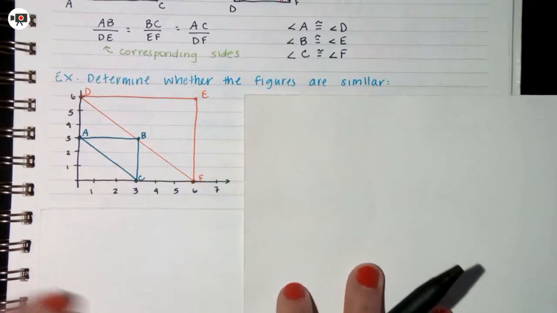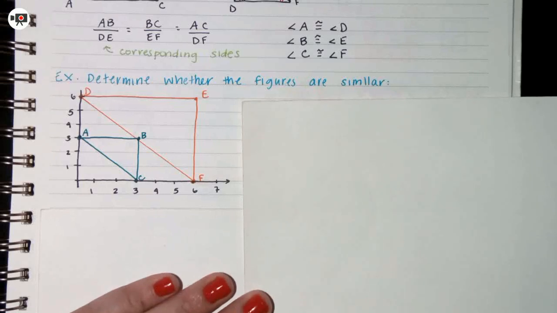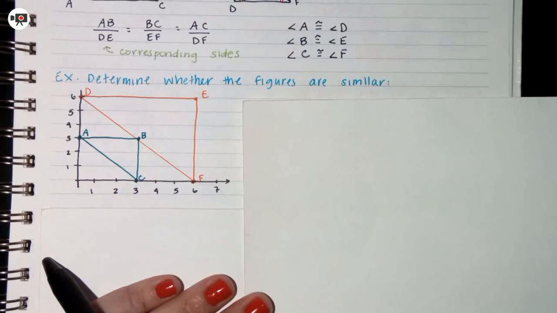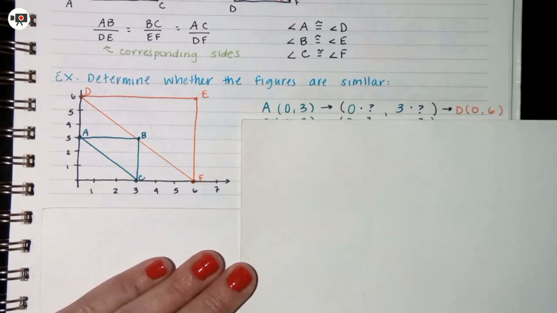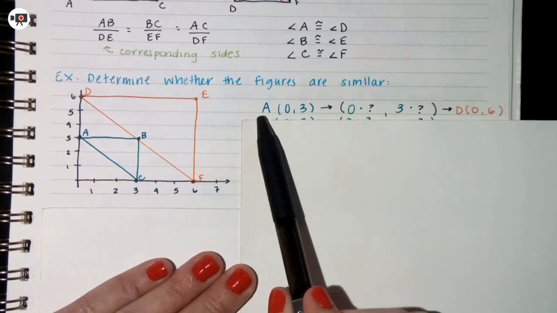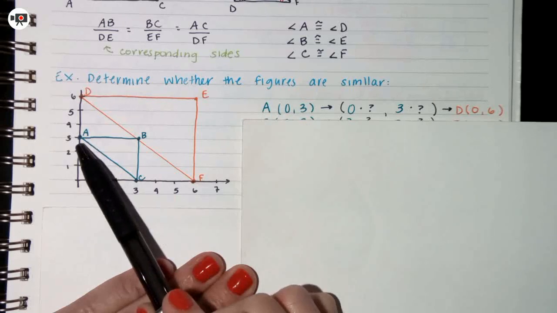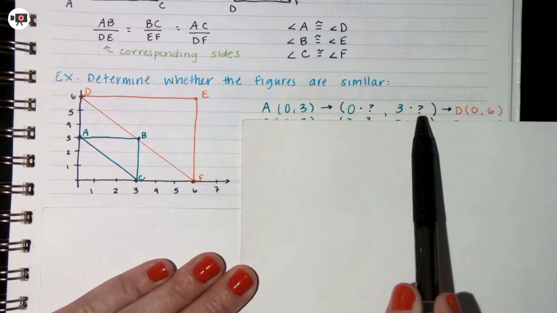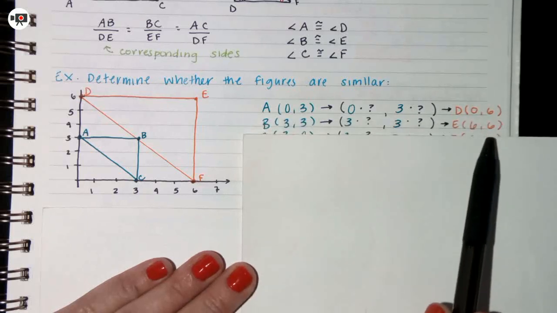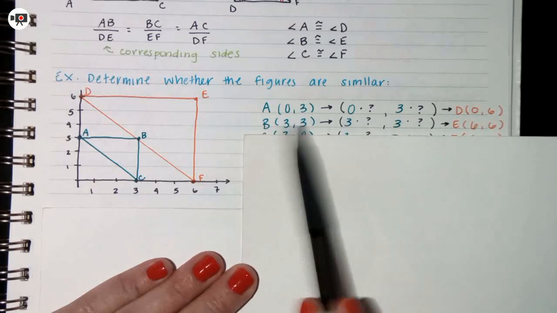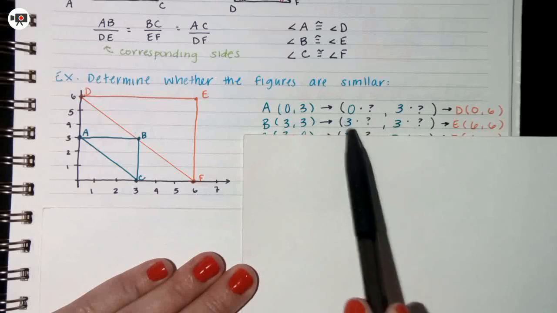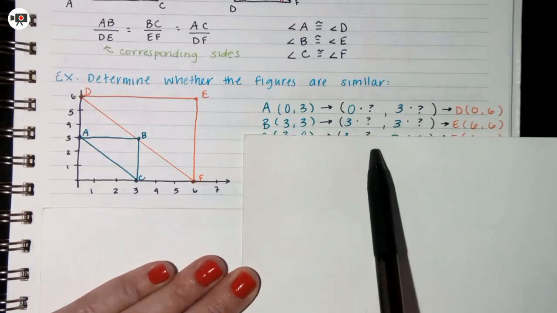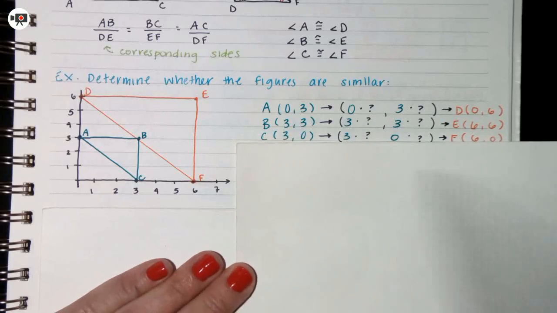If I'm given these, it looks like their angles are the same, but are their sides proportional? So I'm going to take A, which is the point 0, 3. 0 times what makes 0, and 3 times what makes 6. And then B, I would have 3 and 3, each multiplied by the same thing, because we need to see, is this a dilation?